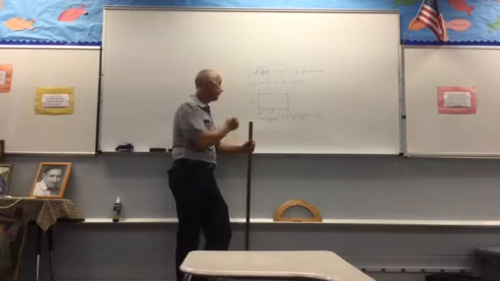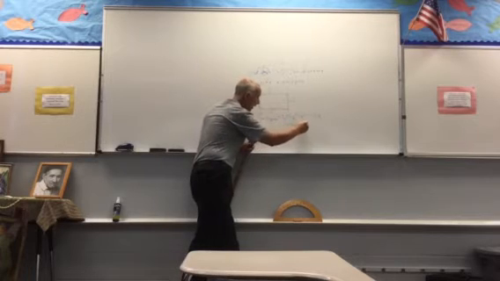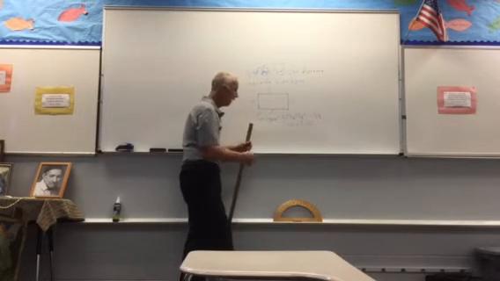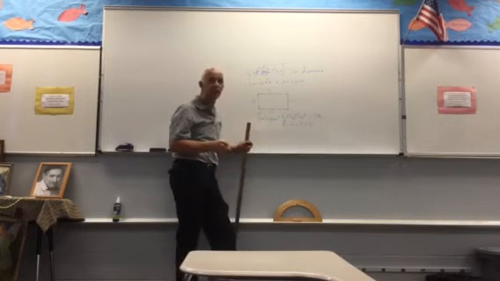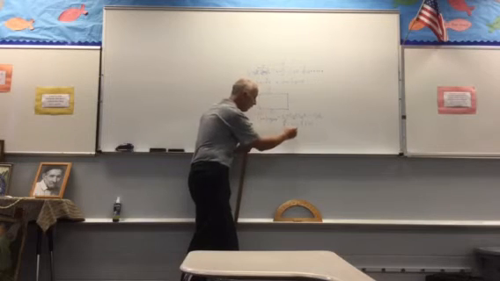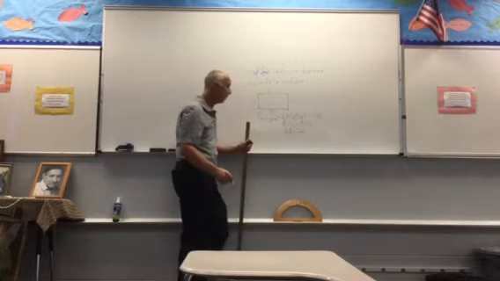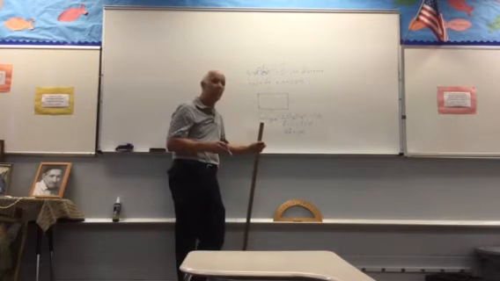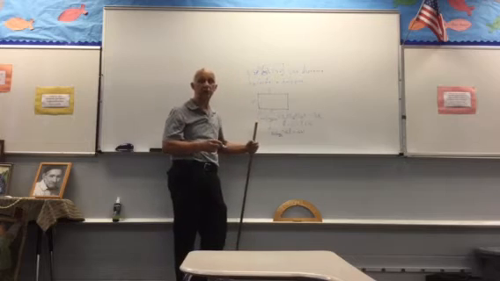So instead of adding length plus width plus length plus width, I can condense it by saying length plus length, instead of adding the length twice, would just be 2 times the length plus 2 times the width. So again, if you want the perimeter of a rectangle, the formula would be 2L plus 2W.